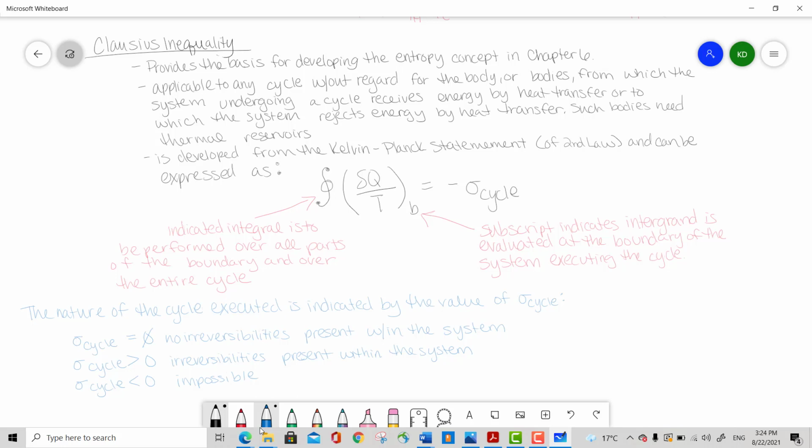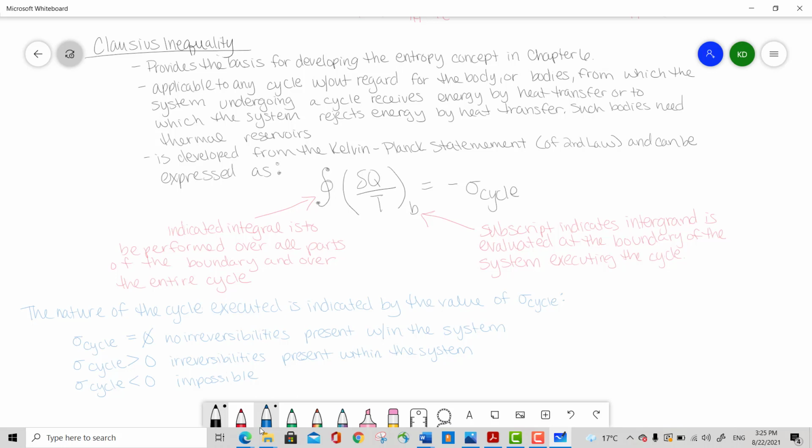The Clausius inequality is developed from the Kelvin-Planck statement of the second law, and can be expressed as, and here's the equation, where that first integral is to be performed over all parts of the boundary and over the entire cycle. So you see that little circle in there to denote that. The B subscript indicates the integrand is evaluated at the boundary of the system executing the cycle.